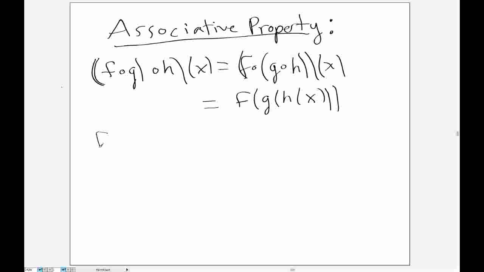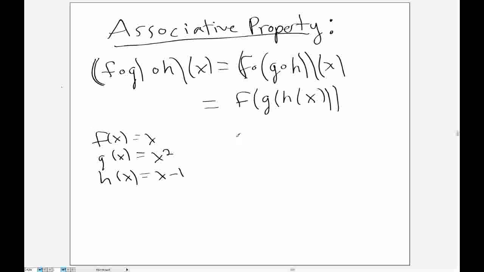So let's say f of x equals x, and then g of x equals x squared, and then h of x will equal x minus 1.